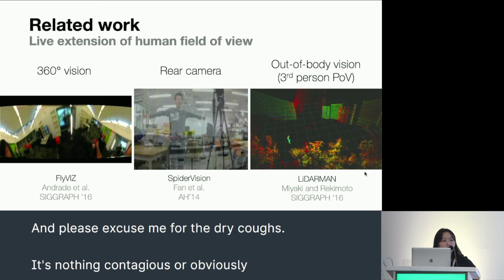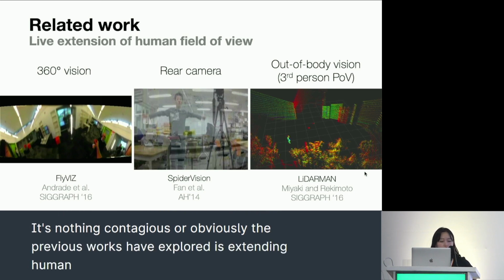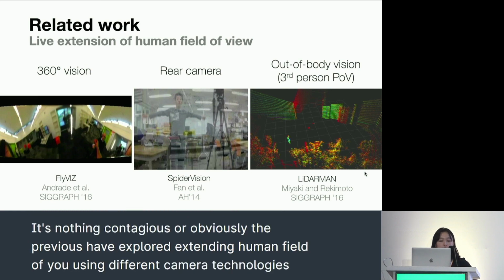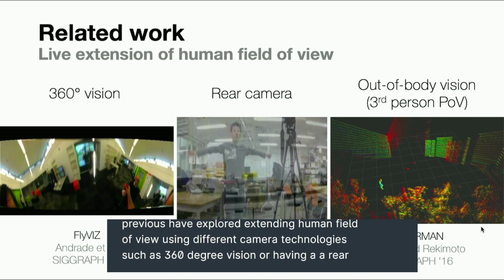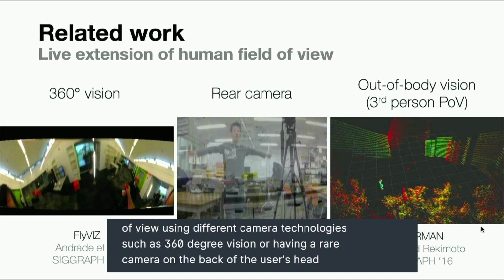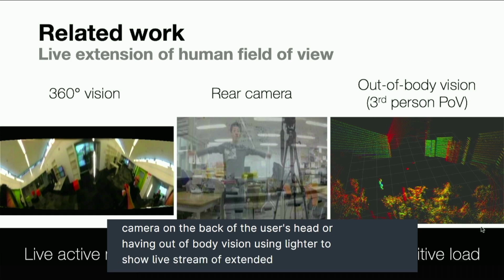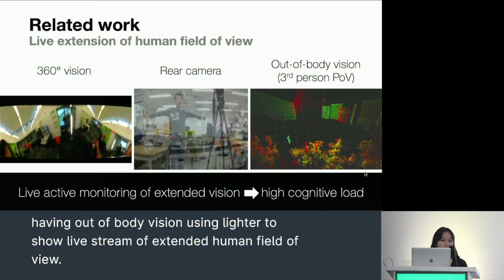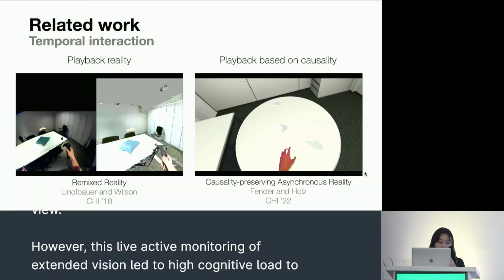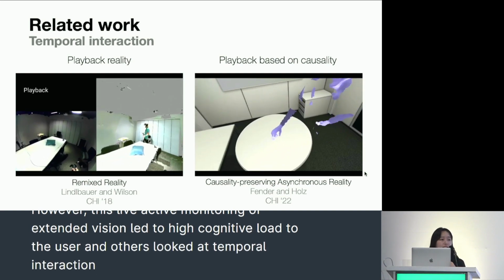The previous works have explored extending human field of view using different camera technologies such as 360-degree vision, or having a rear camera on the back of the user's head, or having out-of-body vision using LiDAR to show live stream of extended human field of view. However, this live active monitoring of extended vision led to high cognitive load to the user. And others looked at temporal interaction of playing back events in virtual reality.